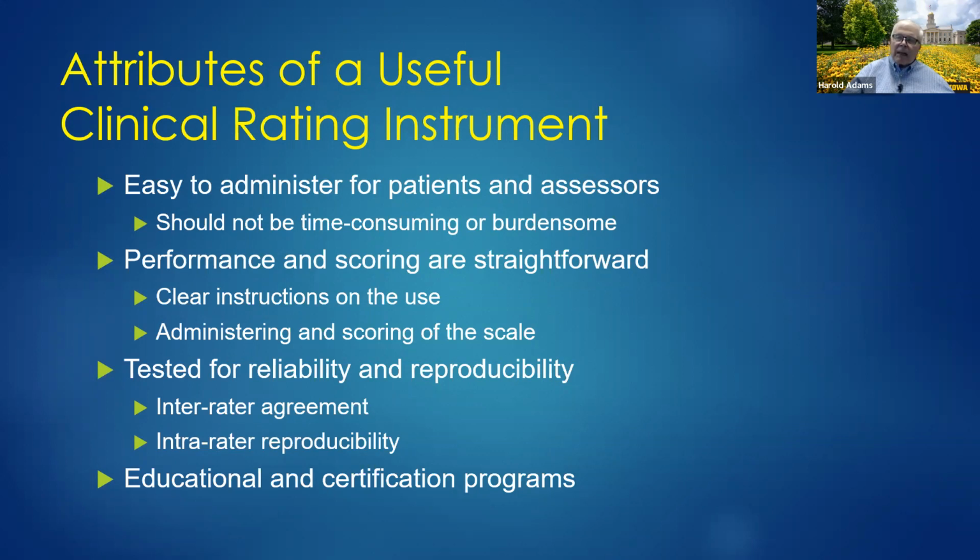Similarly, if an examiner goes back and examines the patient again, he or she should be able to come up with basically the same score. Some rating instruments are very difficult, and that requires educational and even certification programs. These steps are especially crucial for clinical research studies. Next slide.